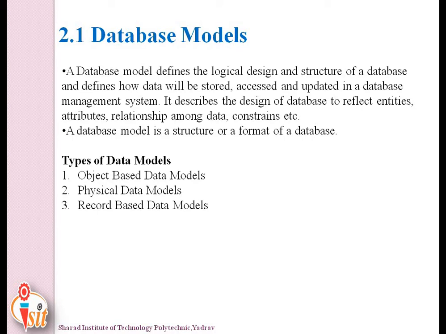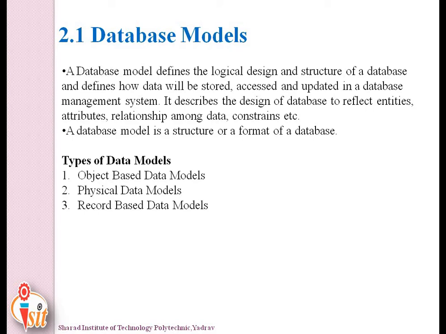Or you can say a data model comprises three components. First, a structural part, second, a manipulative part, and third, possibly a set of integrity rules. What is the structural part? It consists of a set of rules according to which databases can be constructed.